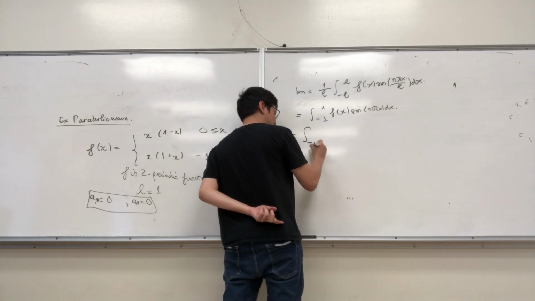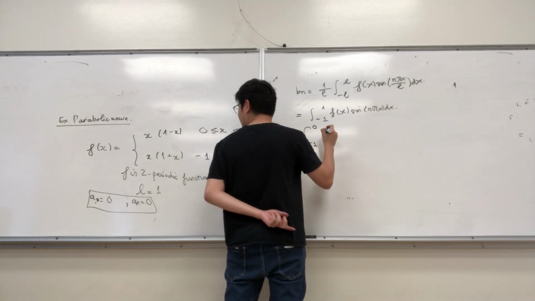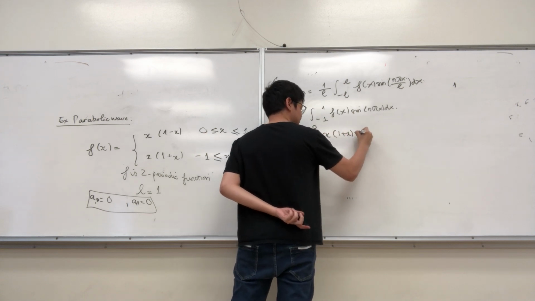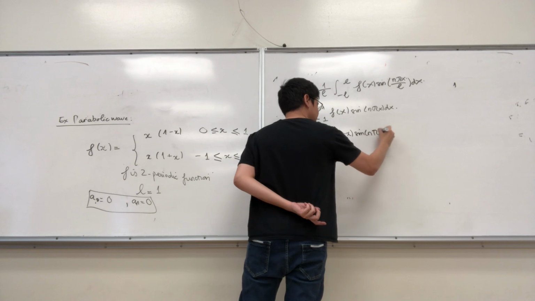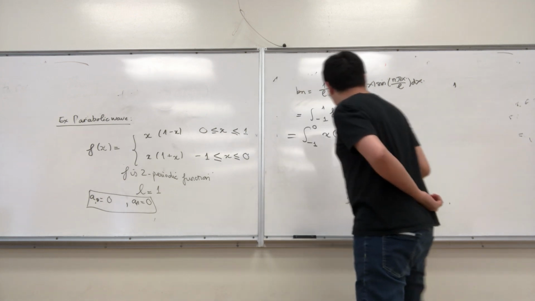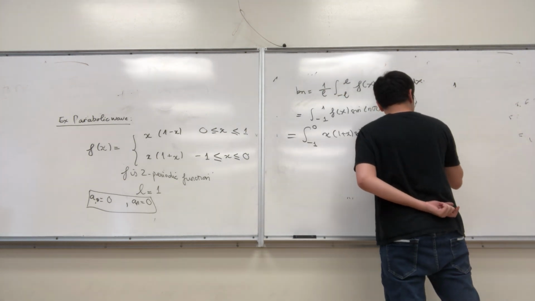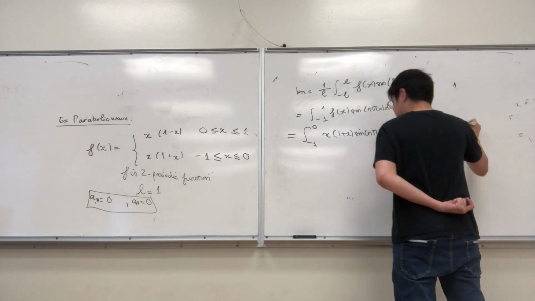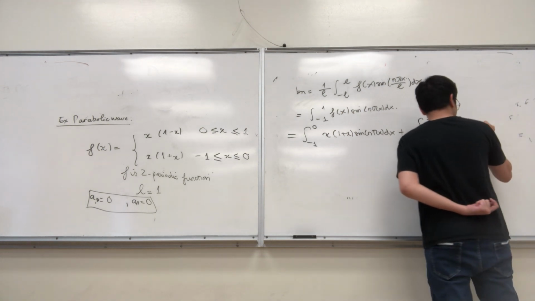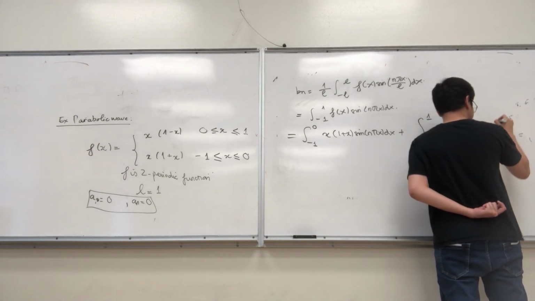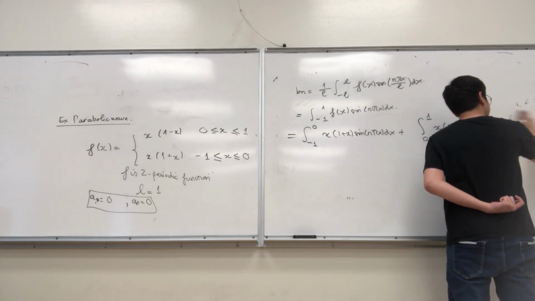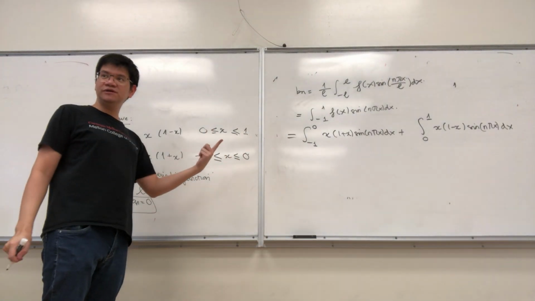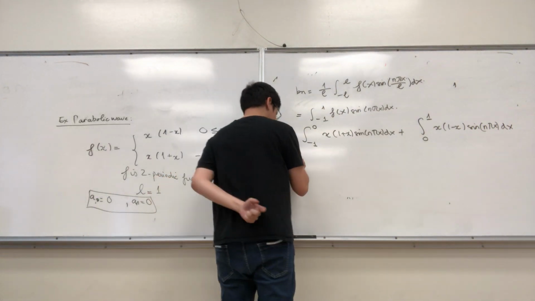So to see this, I'm gonna have the integral from -1 to 0 of x, 1 plus x, sine of n pi x dx. And this is from 0 to 1 of x, 1 minus x, sine of n pi x dx. Right? So I'm going to follow the previous strategy. I'm going to define a new function, which is f(x).